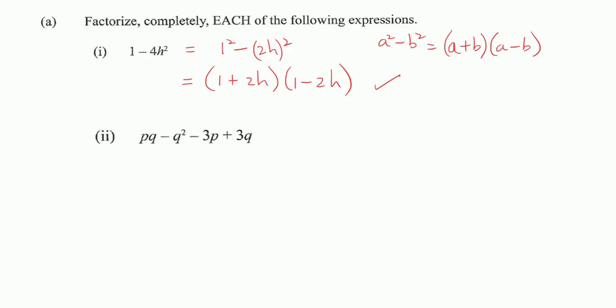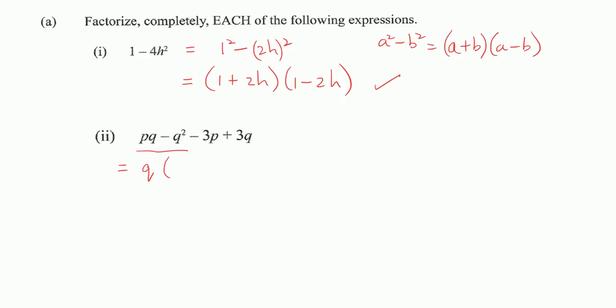This next one, we have to factorize completely. Now, if we look at all the terms, we do not have something that is common to all the terms. So chances are we'll have to factorize by grouping. I'm going to use the first two terms here, p cubed minus q squared. What do we have common with both of these terms? If we look at it carefully, q is common to both of them.